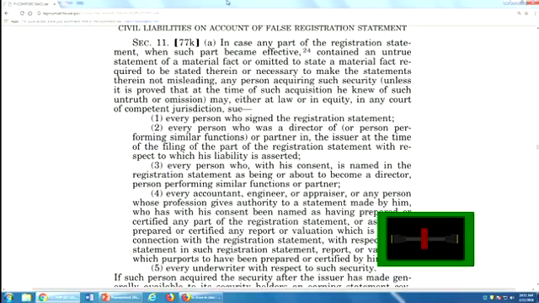The court is normatively using those categories to just decide certain kinds of disclosures, opinion statements, need additional facts, and others don't.